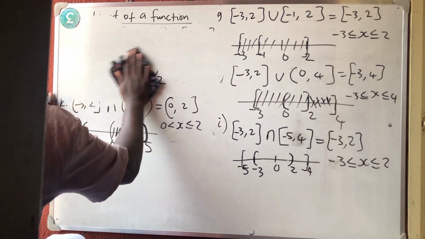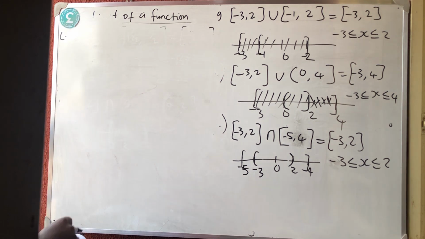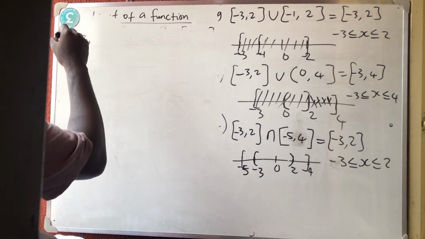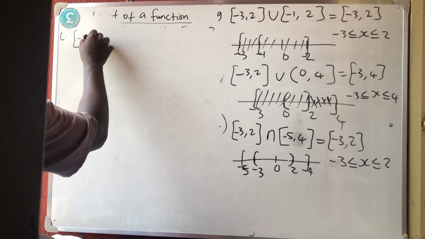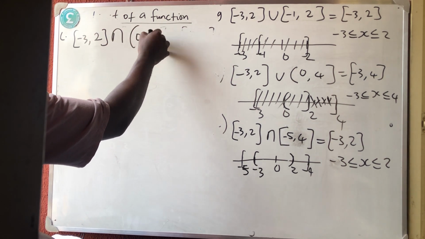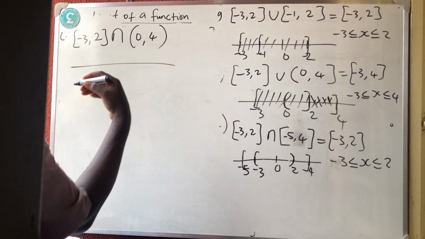Let me continue here. IJKL. L says minus 3, 2 intersection 0 and 4. Okay, so let us draw. Drawing it will help you.